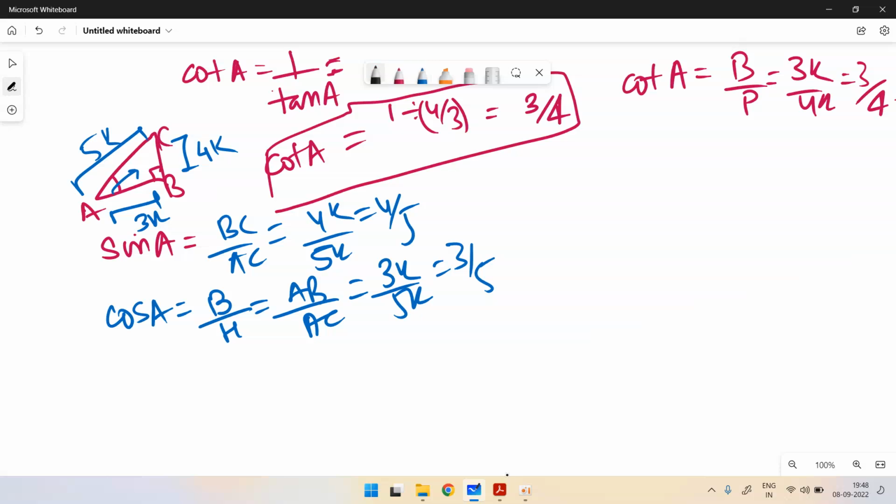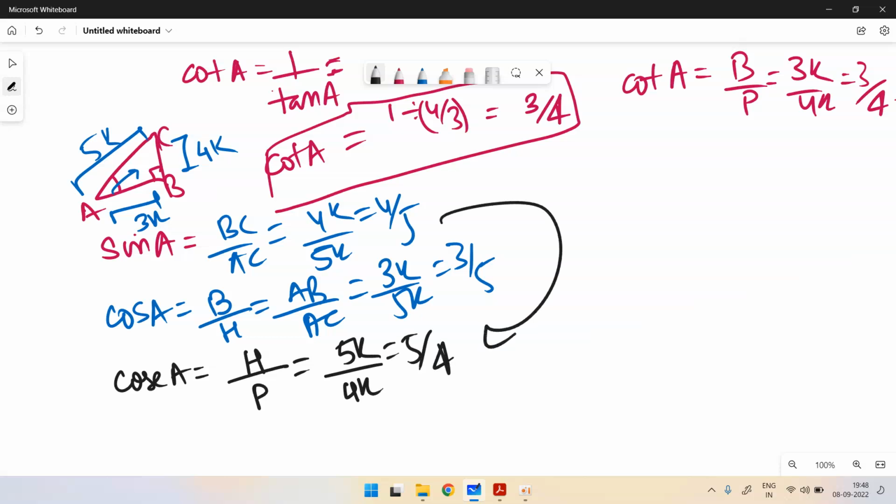Now tan A and cot A you have calculated. Then there is cosecant A. You know that cosecant A is hypotenuse by perpendicular, so 5k by 4k, which is 5 by 4.